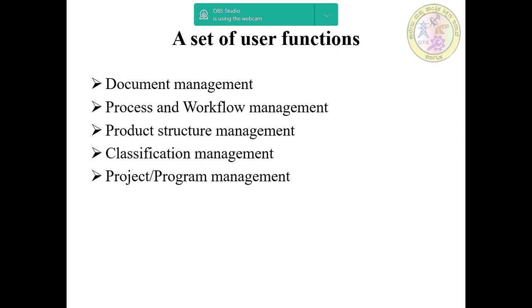Next we'll go for product structure management. Here, product structure management facilitates the creation and management of product configuration, part definitions, part relationship attributes, bill of materials, and ability to associate product definition data to parts. Next one we'll go for classification management.